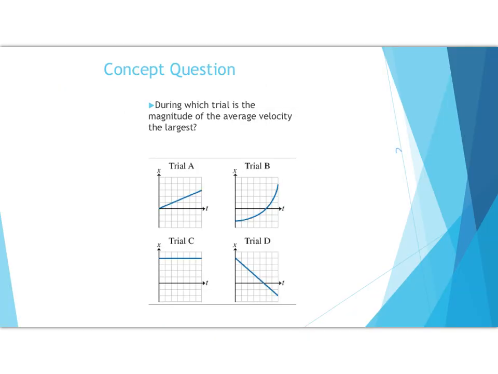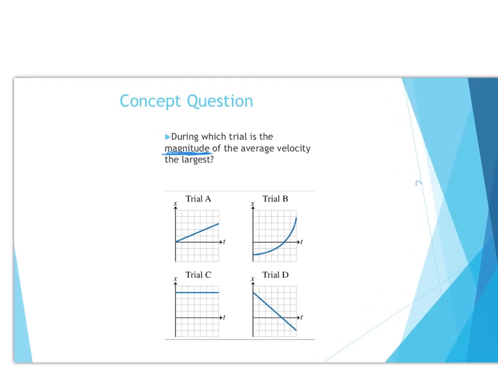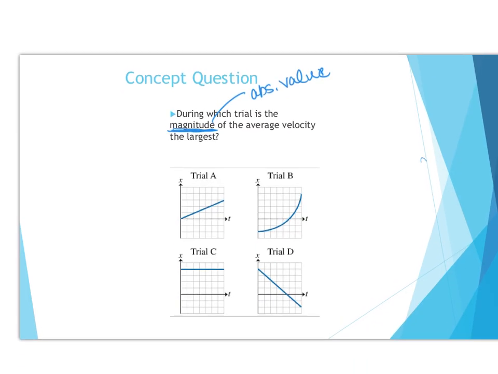Now, here's a case in this question where we're trying to find the average velocity to see which one of these graphs gives the biggest average velocity, but notice it says magnitude of the average velocity, which actually means the absolute value. So we're not really worrying about positives and negatives here. We're just looking for the biggest value.